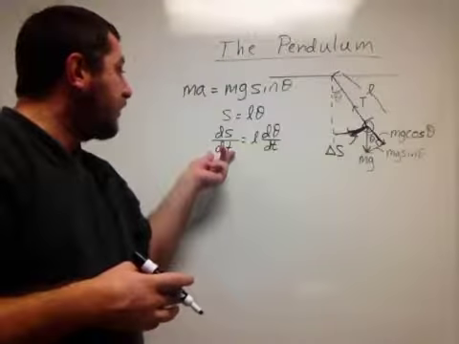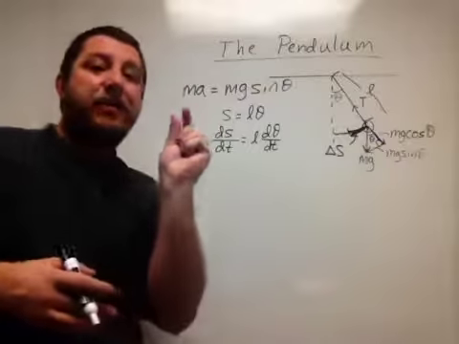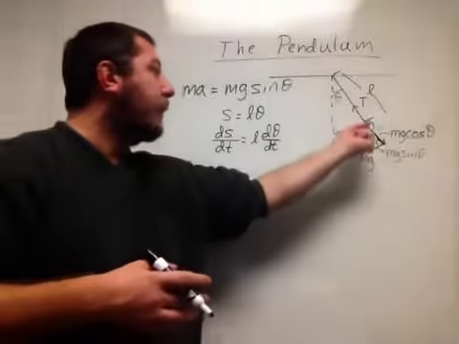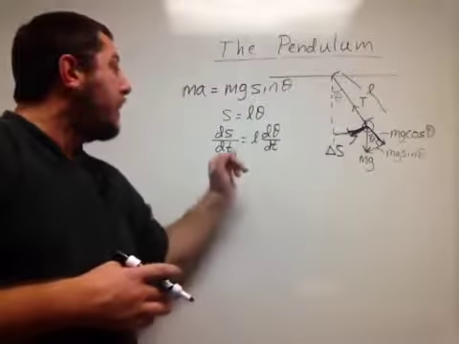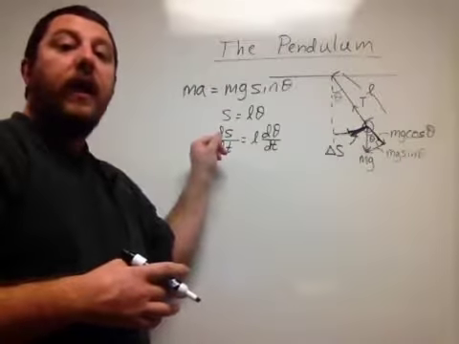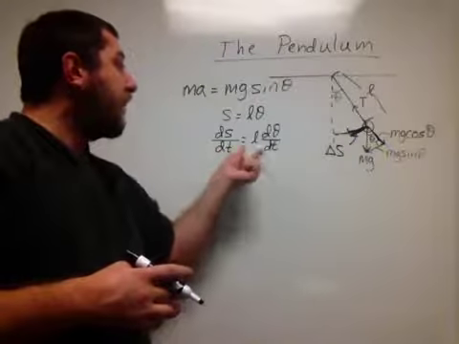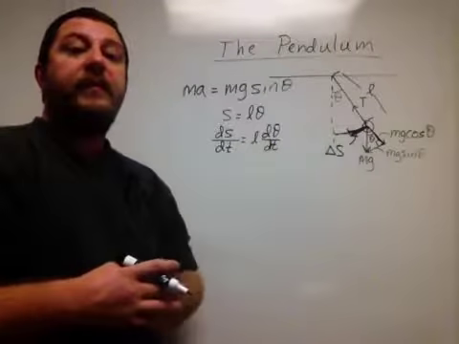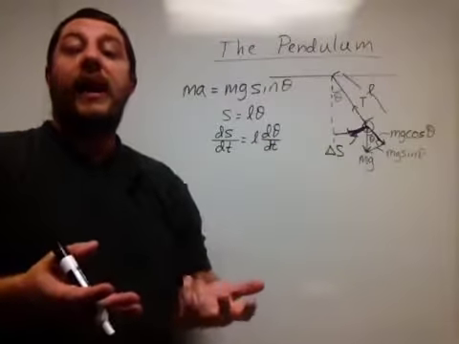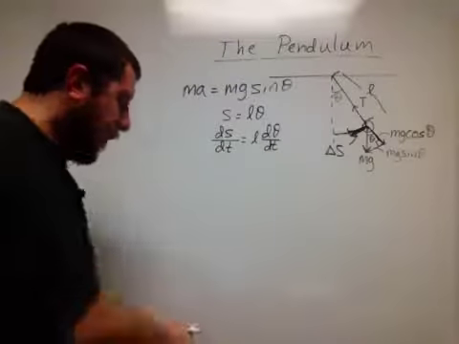So if I just look at differentiating an instantaneous, infinitesimally small portion of time as the pendulum moves along this arc, okay, then the change in the arc length per unit time is going to equal the length of the pendulum times the change in the angle per unit time. And d theta/dt is nothing but omega.